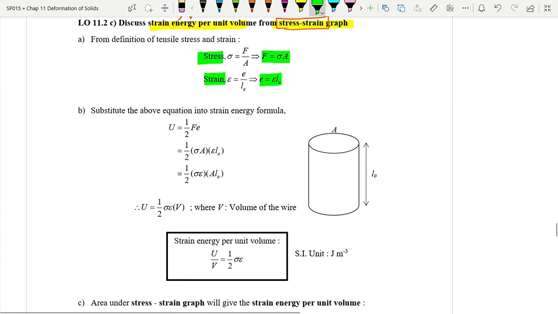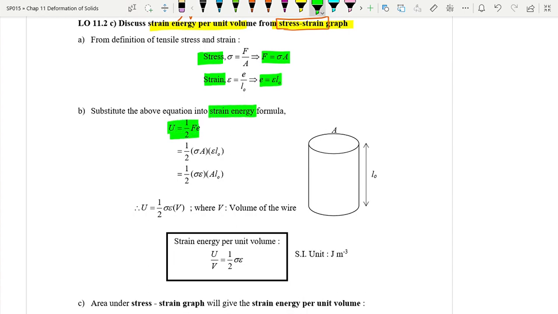Okay, so daripada formula strain energy, which is U equals to half Fe, that we already derived in the previous page, daripada graph of force versus elongation, kita masukkan force bersamaan dengan stress times area, dan juga extension equals to epsilon ataupun strain times original length.